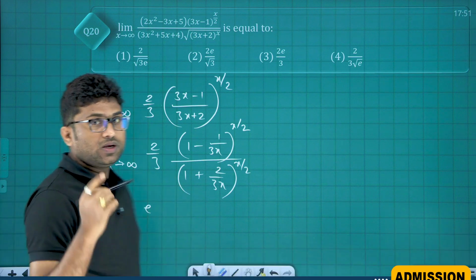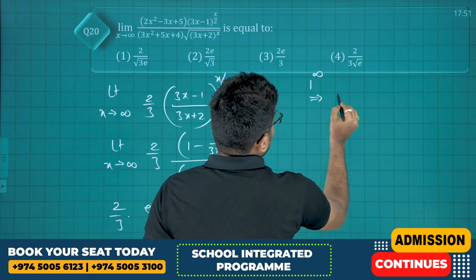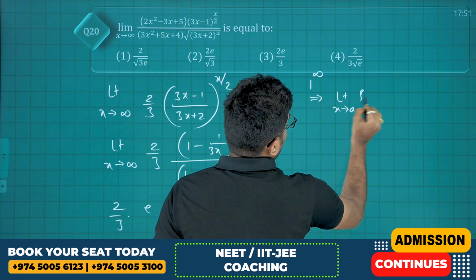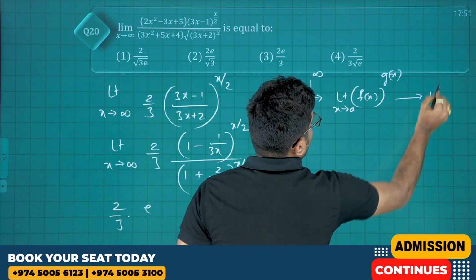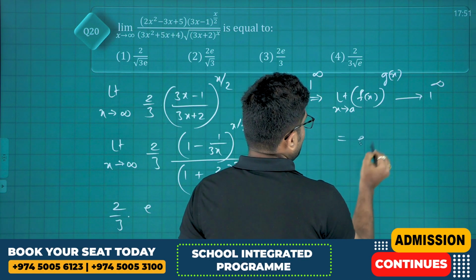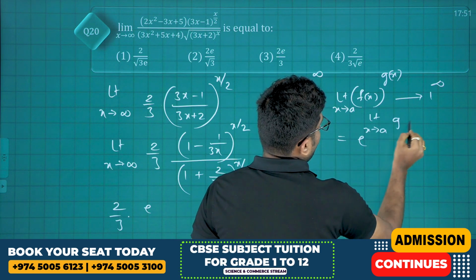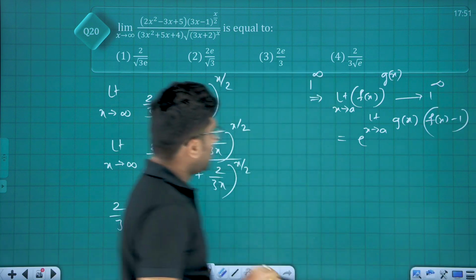For limit x tends to something of f of x power g of x, if it is leading to 1 power infinity, then this is equal to e power, same limit x tends to a, of g of x into f of x minus 1. This is the approach.